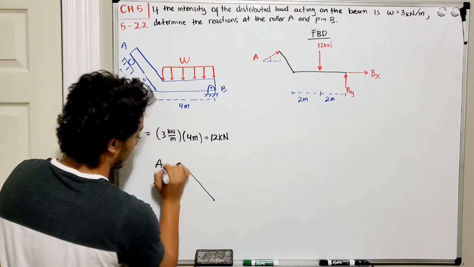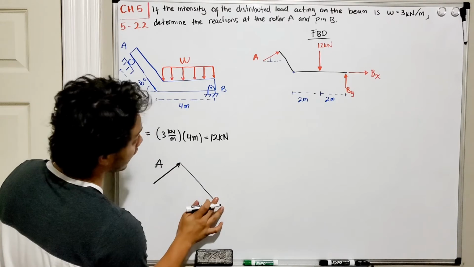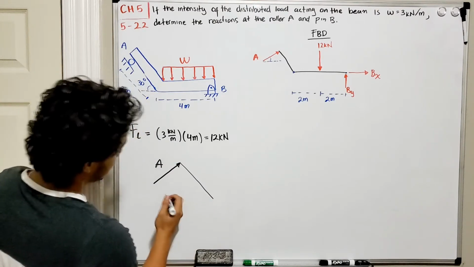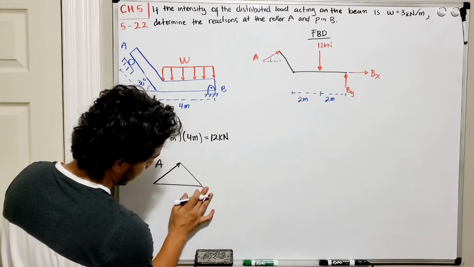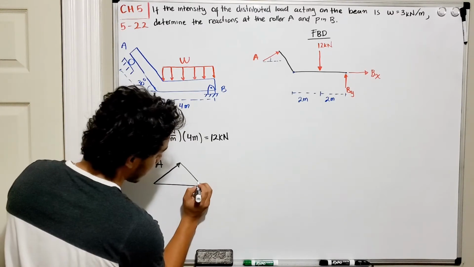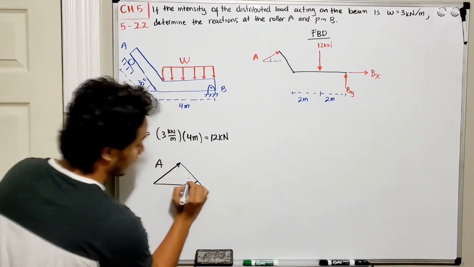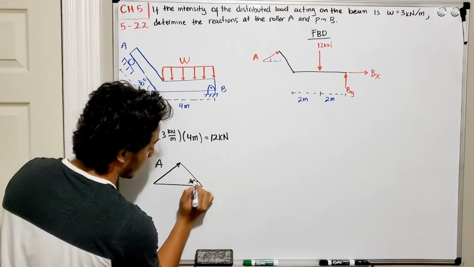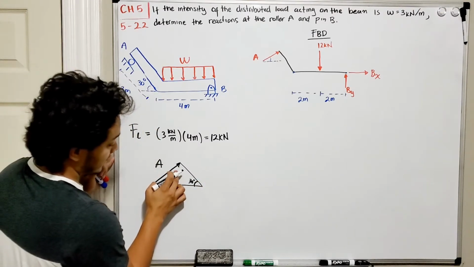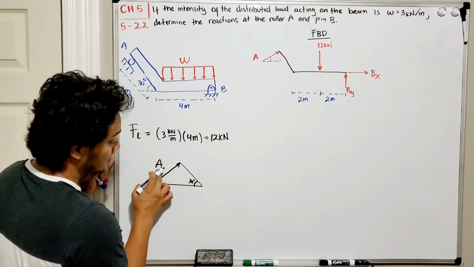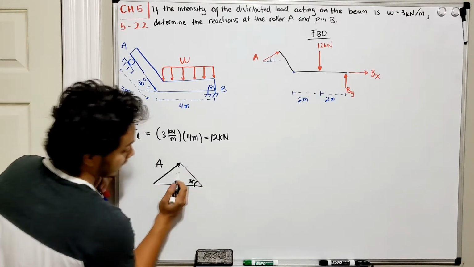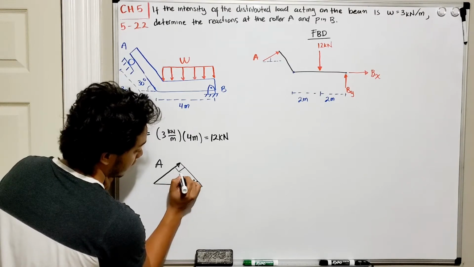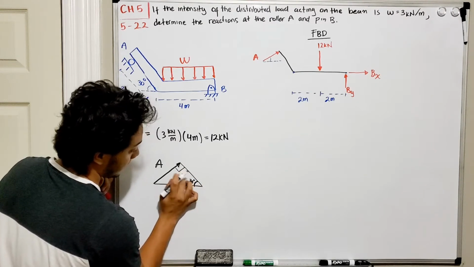So this is my force A. Now, if I complete this triangle, no matter even if I cut a little bit of the beam, this angle is still the 30-degree angle given by the problem. Now, since reaction A is normal to the surface, so this side is my surface, then from here to here there is a 90-degree angle, okay?